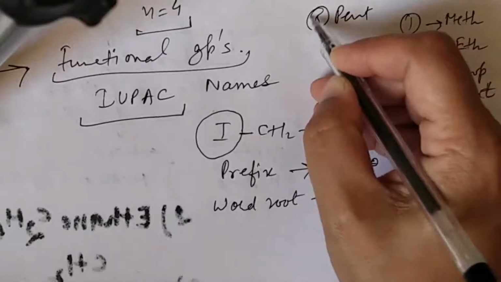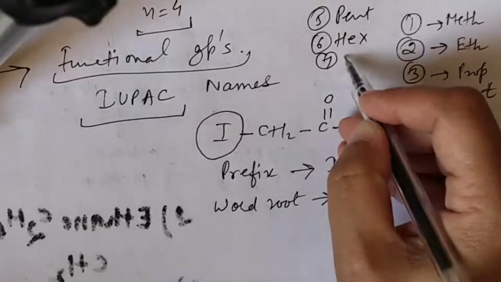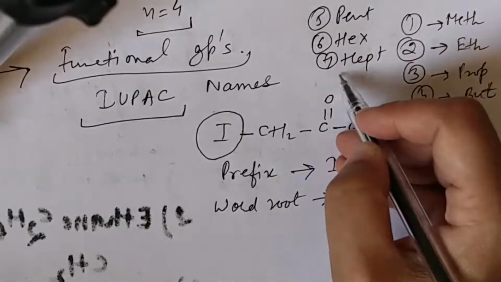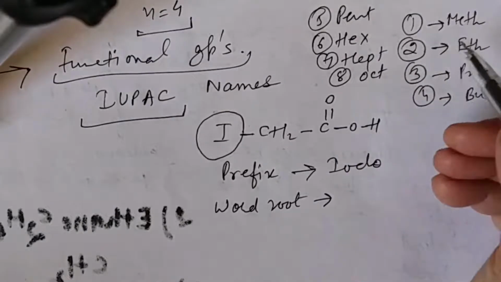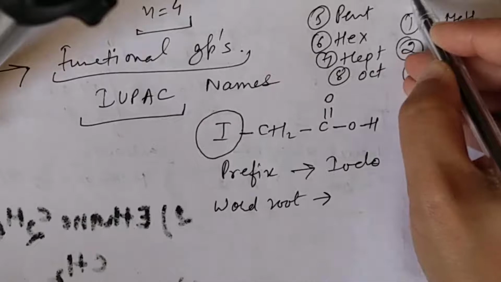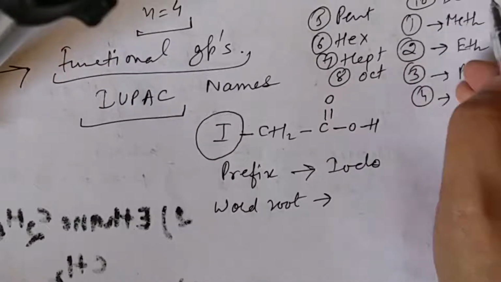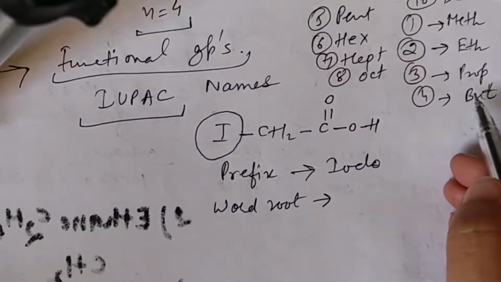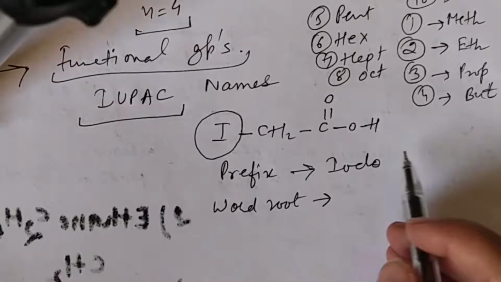For 6 it is hex, for 7 hept, and for 8 oct. For 9 it is non, and for 10 it is dec. It is the word root which tells the number of carbon atoms in the organic compound.